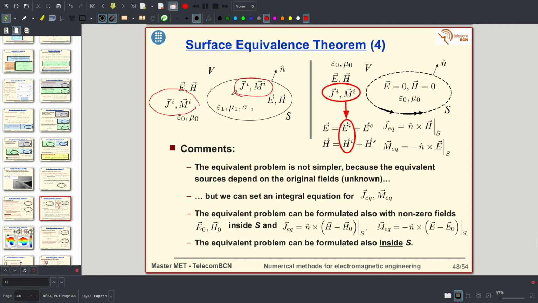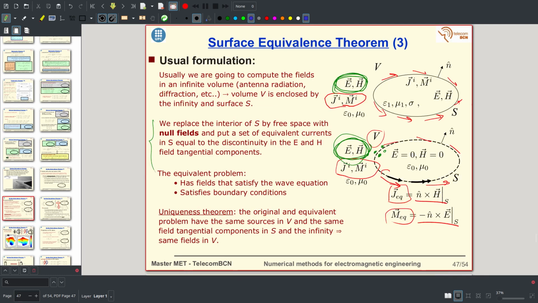They can be inside S or outside S, or in both inside and outside S. We have some object that together with the sources produces some fields in the free space that is outside S. And we can have the same fields outside S as the fields due to the impressed currents outside S, only the impressed currents outside S, because the impressed currents inside S have been removed.